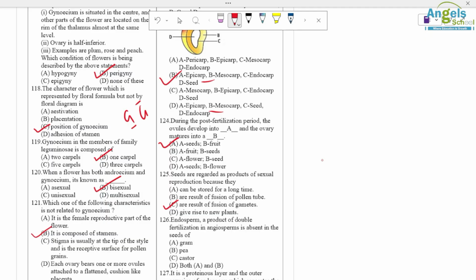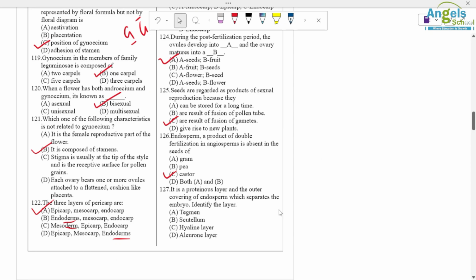C option is correct. Endosperm, a product of double fertilization in angiosperms, is absent in the seed of, okay, a non-endospermic seed, which is castor only.